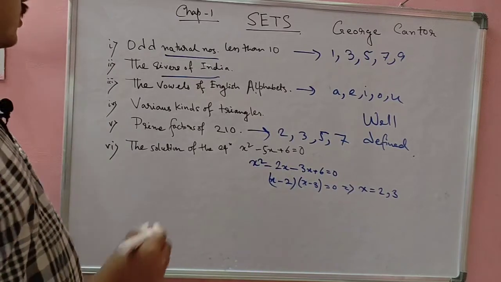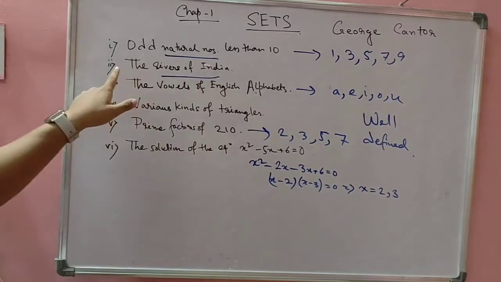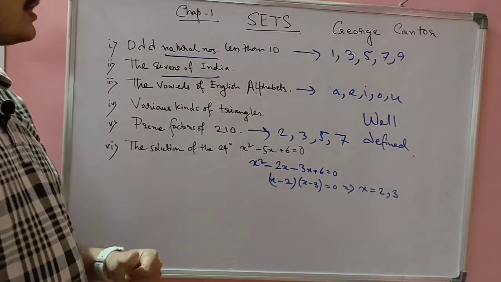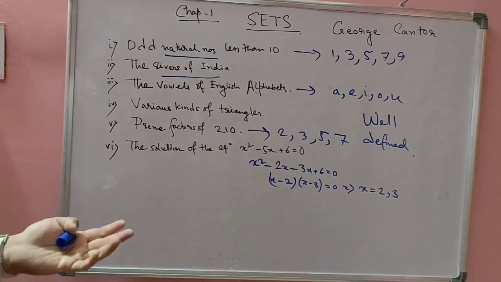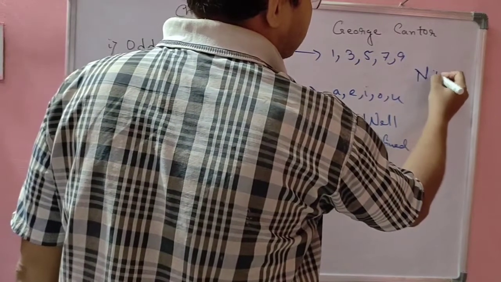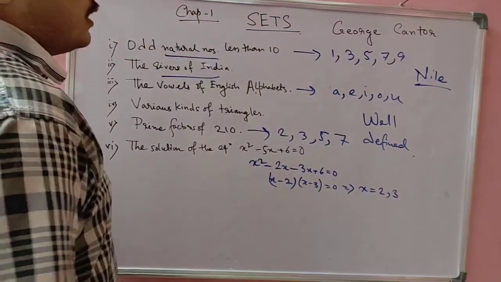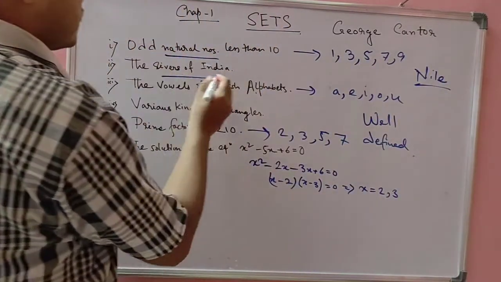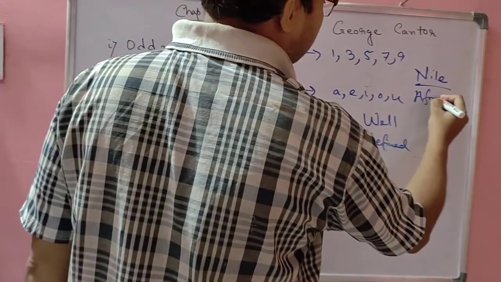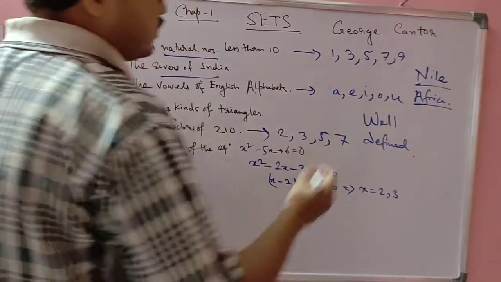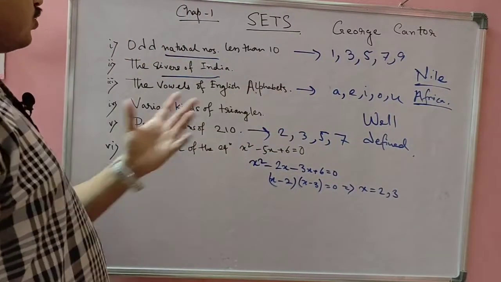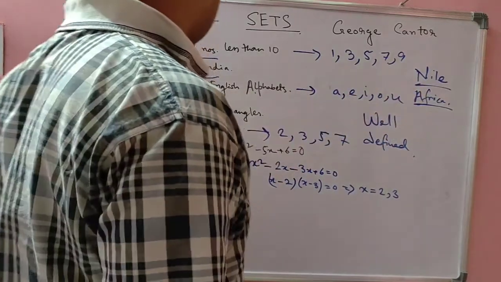Like this one, the rivers of India. If we take this collection, we can name any river, like the Nile, the longest river in the world, and it does not belong to this collection. Why? Because the Nile is in Africa, so it will not be present in this collection.